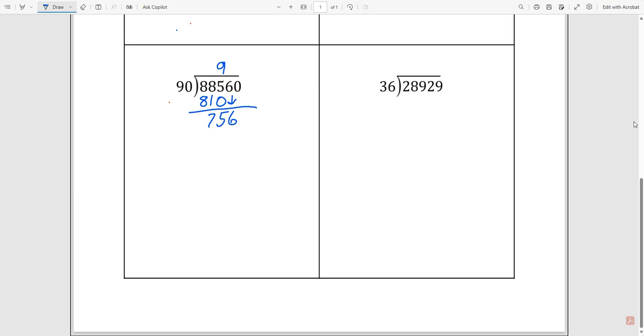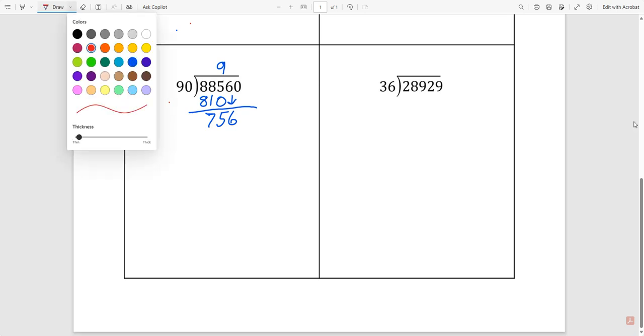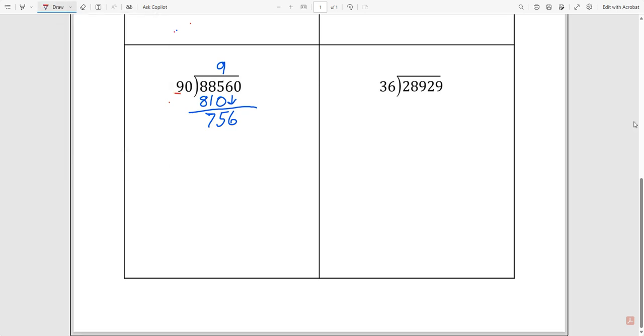We have 756, and now we can do the process all over again. Take that first digit, 9, and I'll underline it in red. Can 9 divide into 7? No. Extend this over to 75. Can 9 divide into 75? Yes, of course.